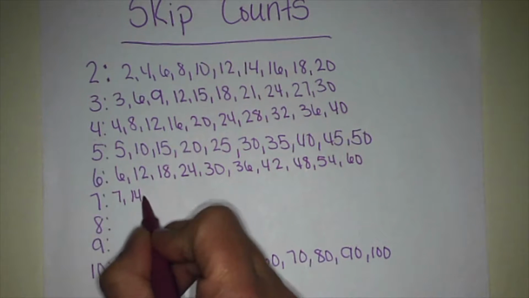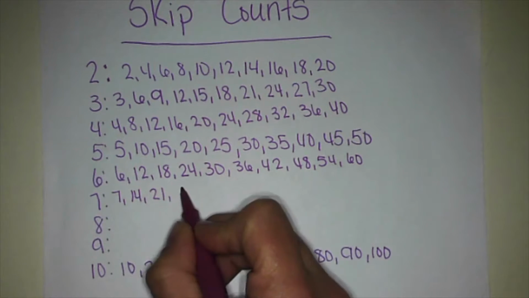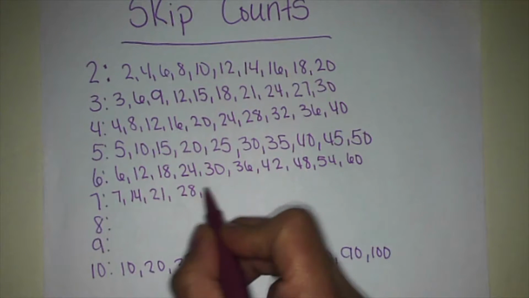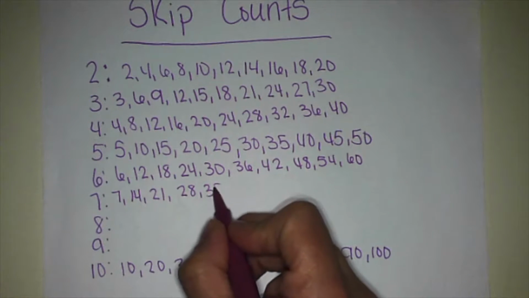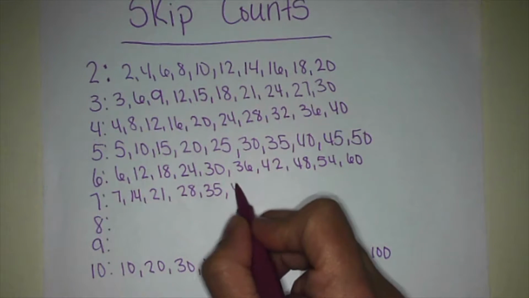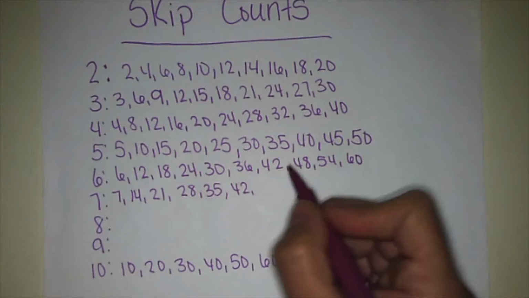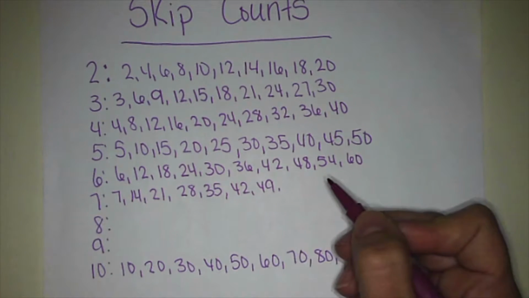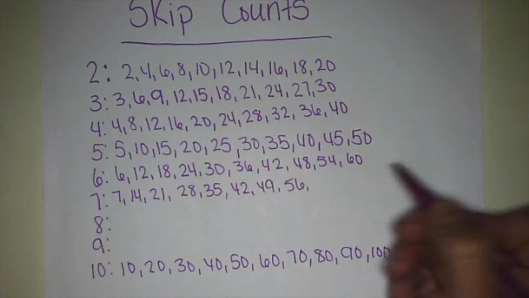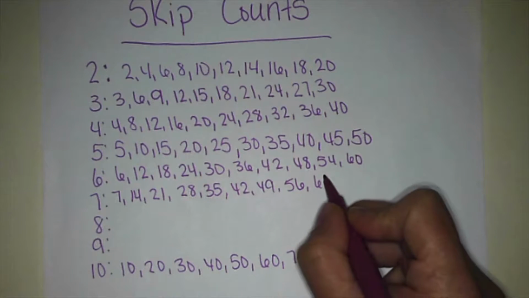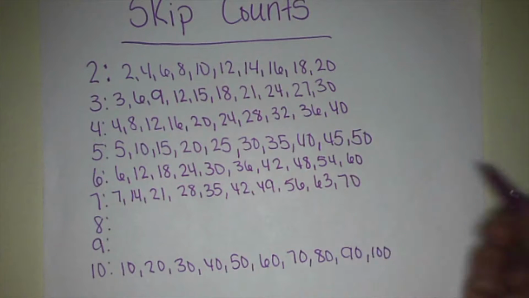We can also do a 7 skip count. 7 plus 7 is 14, 21, 28, plus 7 is 35, 42, 49, 56, 63, 70.